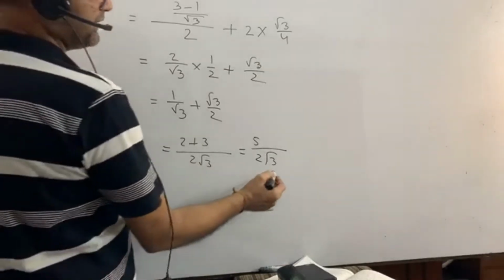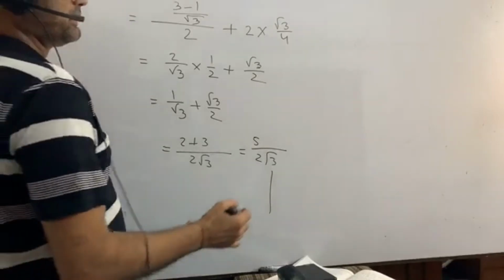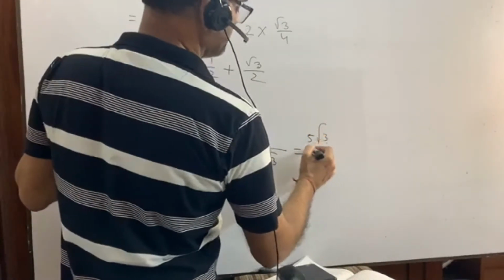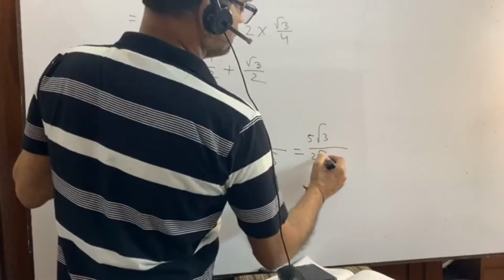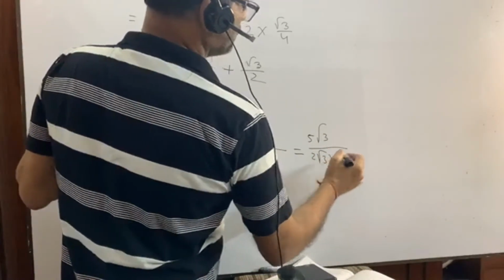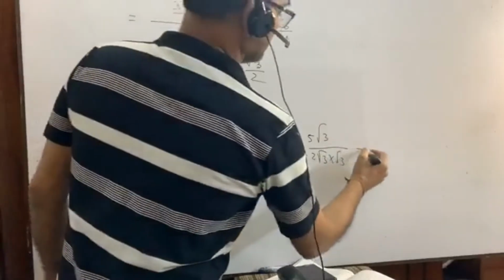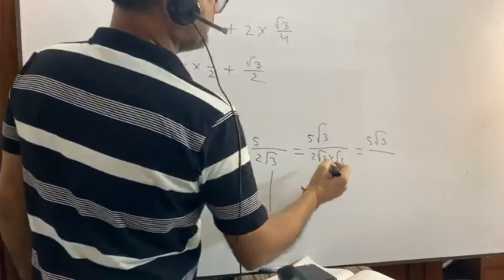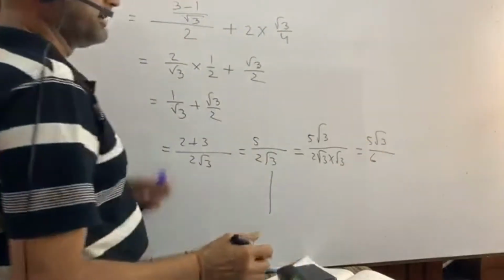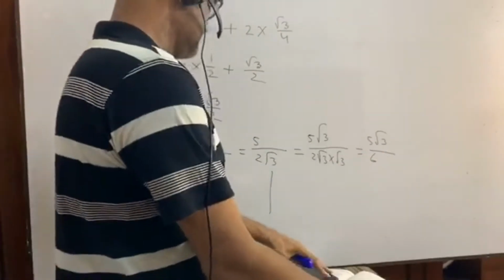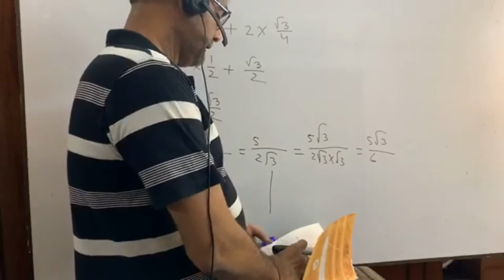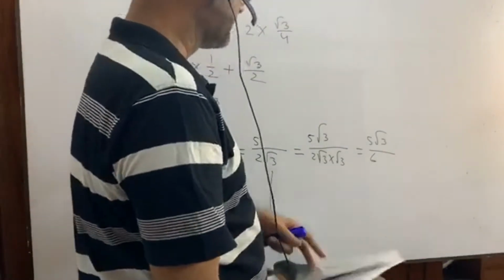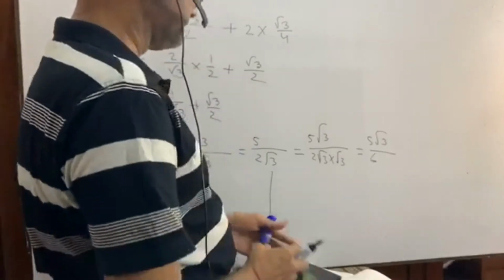So we have to rationalize it, multiplying both the numerator and denominator by root 3. 2 root 3 into root 3. So we are getting 5 root 3 by 6. That is the answer. Let's see what the answer is: 8.2. Yes, we are right. 5 root 3 by 6.